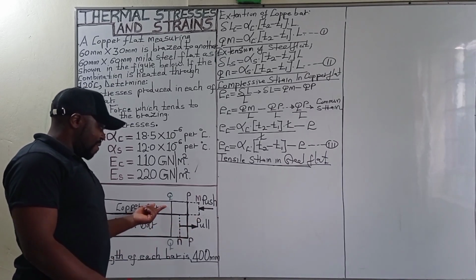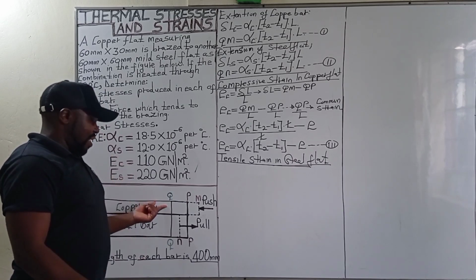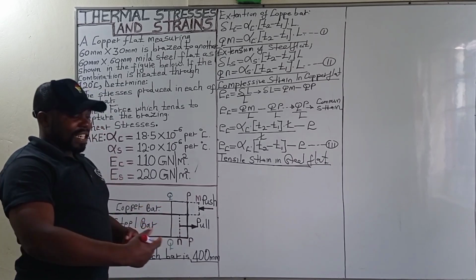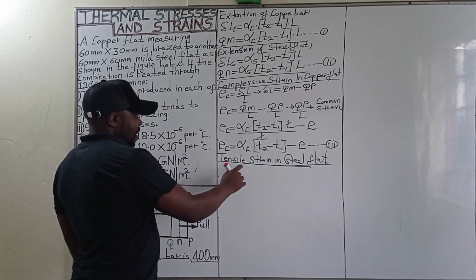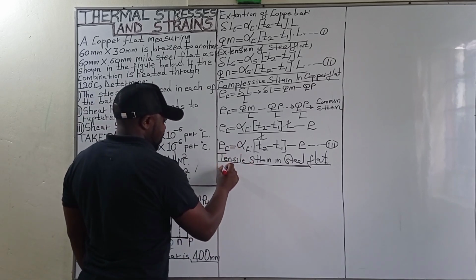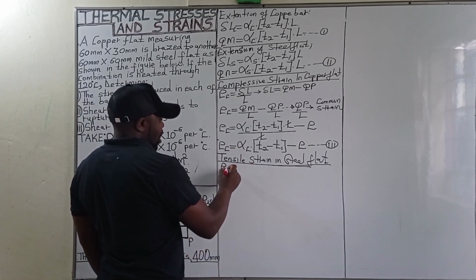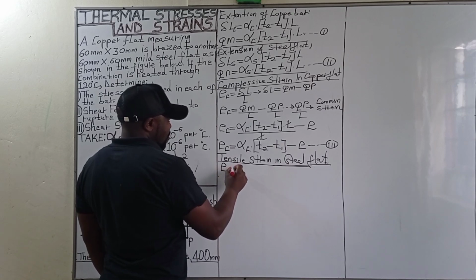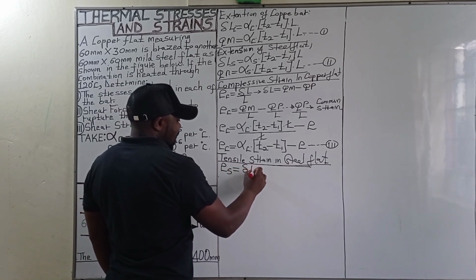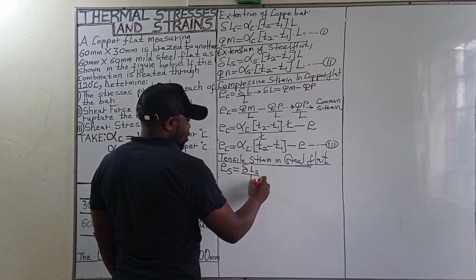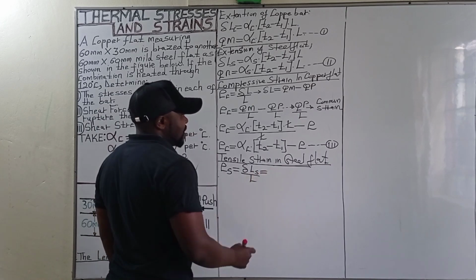Therefore, the copper bar will be under compressive stresses, the steel bar under tensile stresses. Good. So we are going to say this: the tensile strain in steel will be given by changing length in steel over the original length of the steel flat.